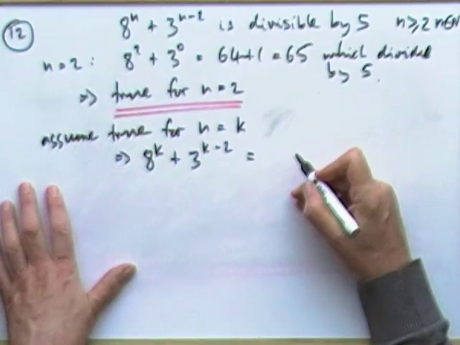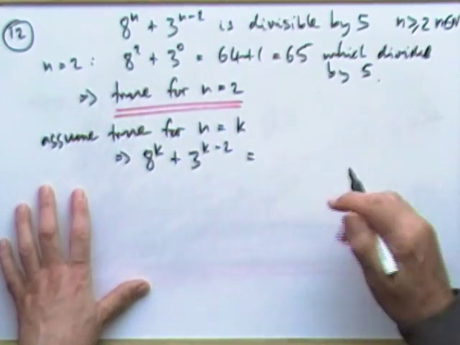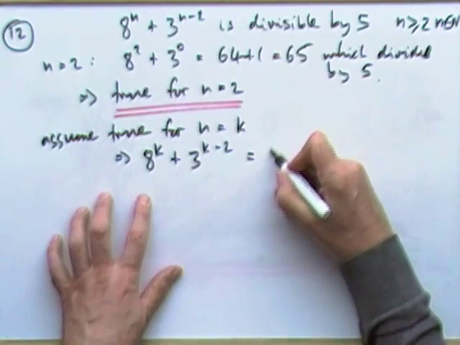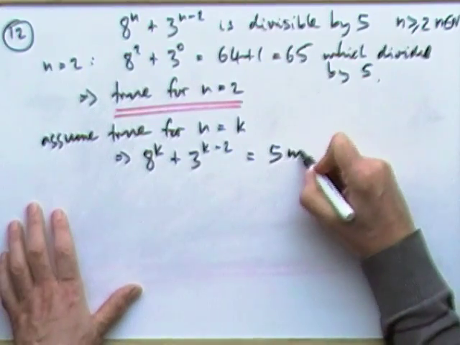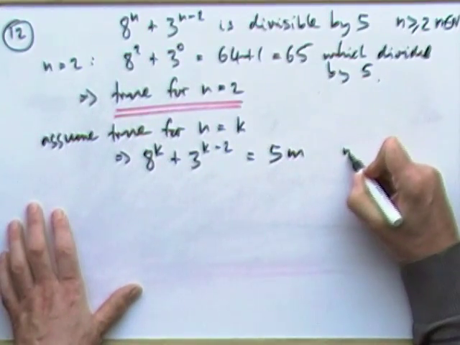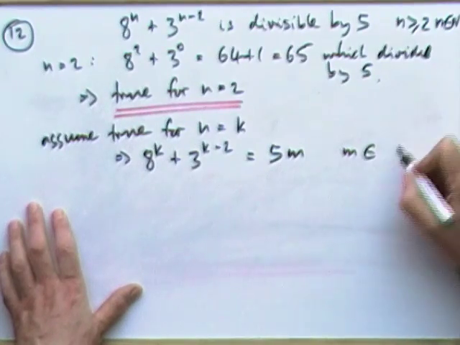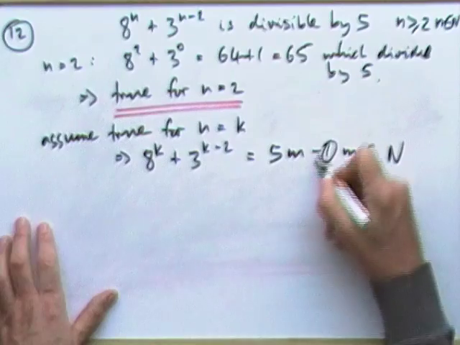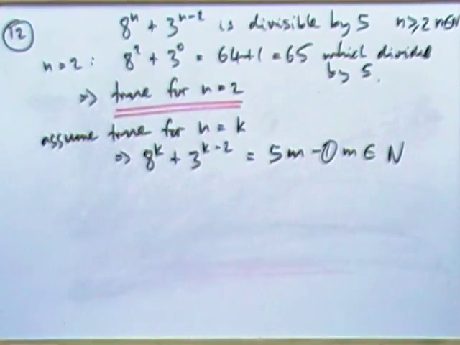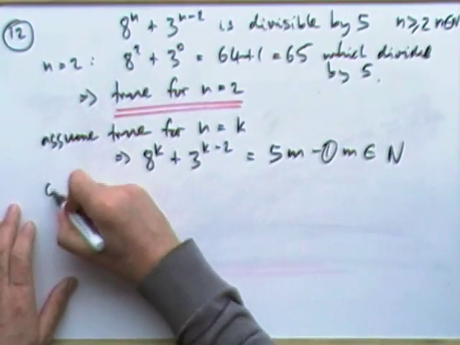We can't just manipulate the words. That's for the politicians. So that would be, if it divides by 5, it must be 5 times something. Call it m, where m would be some number, or just a natural number would do for it because it's only positives we're considering anyway. And we'll call that 1. That's the inductive hypothesis.